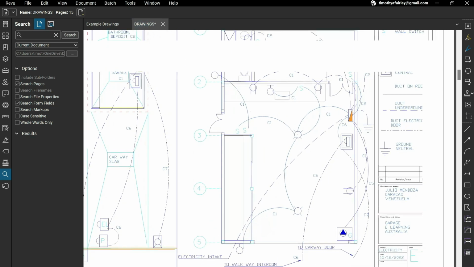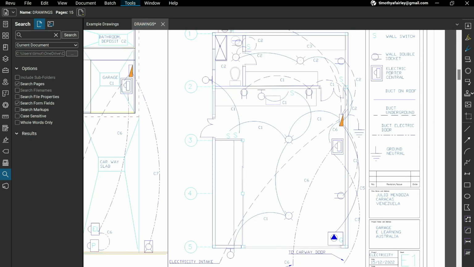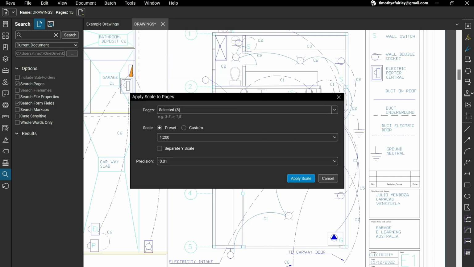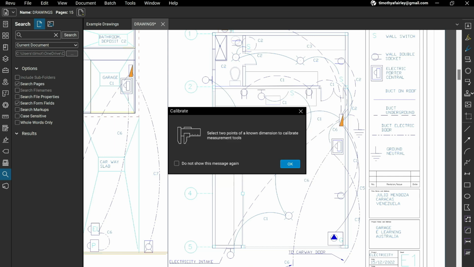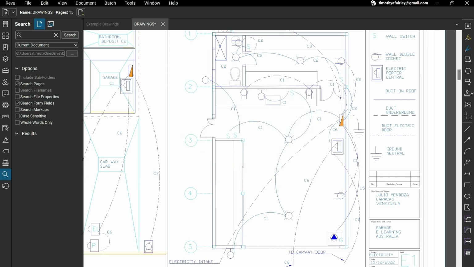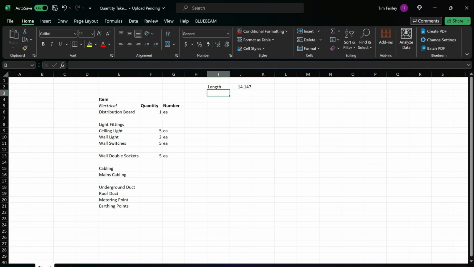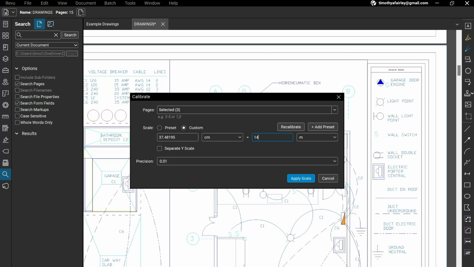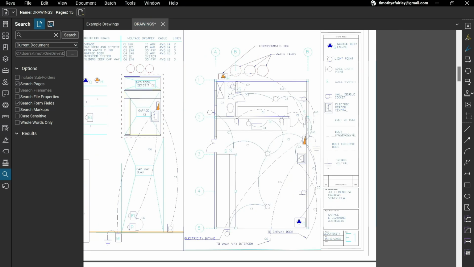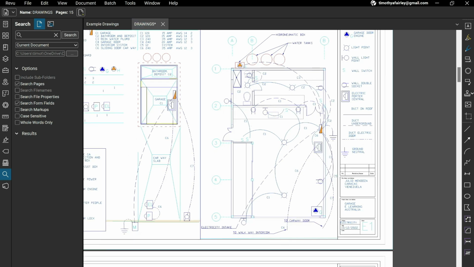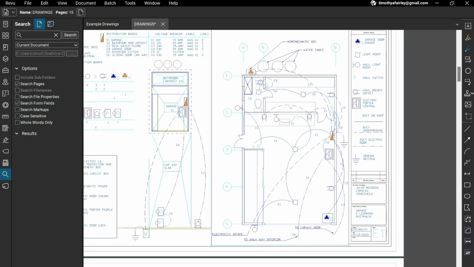So we know this length. Tools, set scale, custom. How long is it? 14.147. So that's the internal lengths.